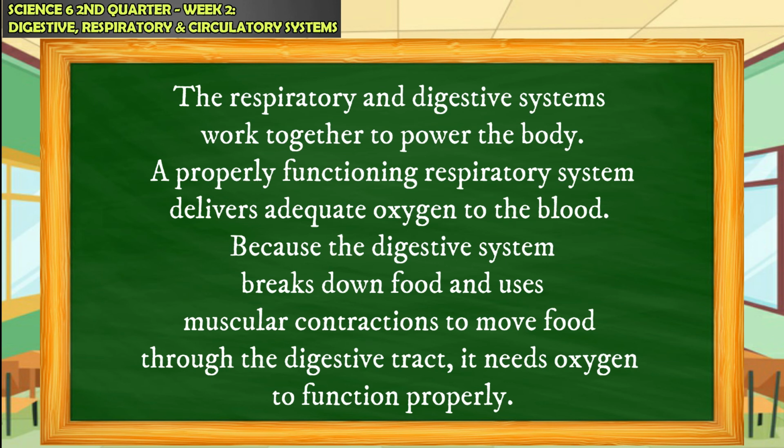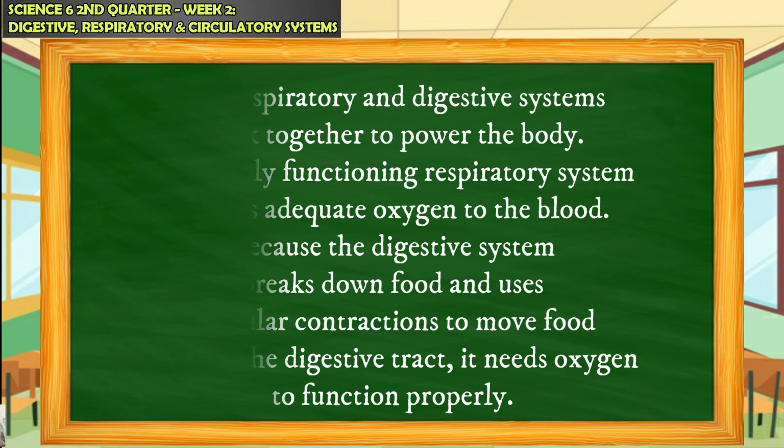A properly functioning respiratory system delivers adequate oxygen to the blood. Because the digestive system breaks down food and uses muscular contractions to move food through the digestive tract, it needs oxygen to function properly.